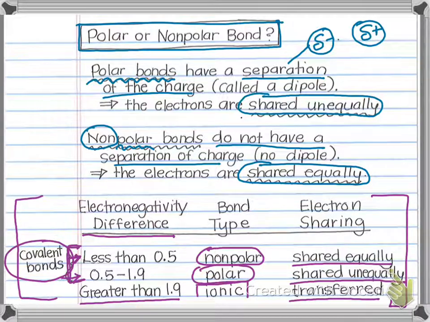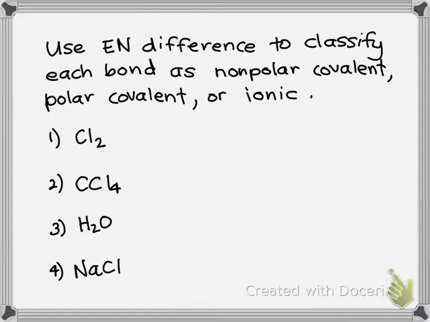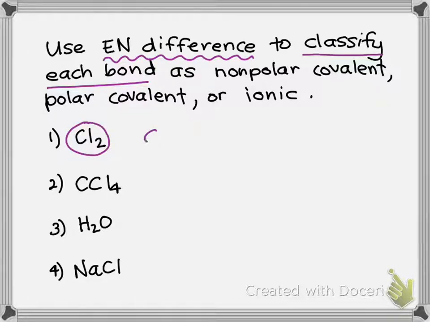So how do we use this information? Well, one thing we can do is if we're asked to classify bonds, we can look at the difference in electronegativity between the two elements to see what type of bond it is. So here you have two chlorines, so that would be a chlorine and a chlorine. And we don't really care what kind of bonds, we're just looking at the two elements.